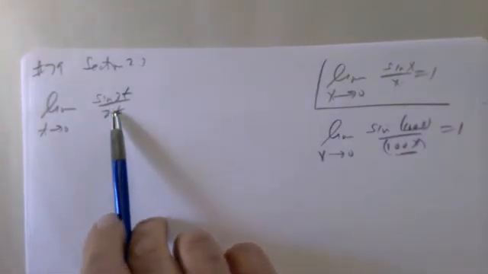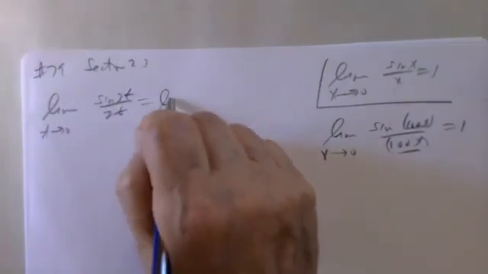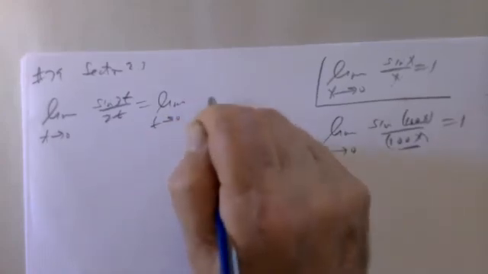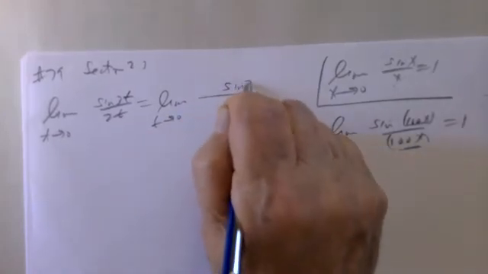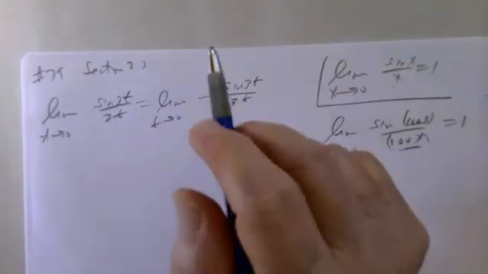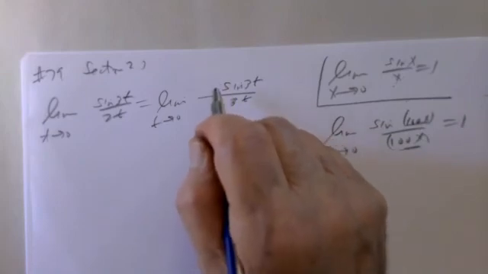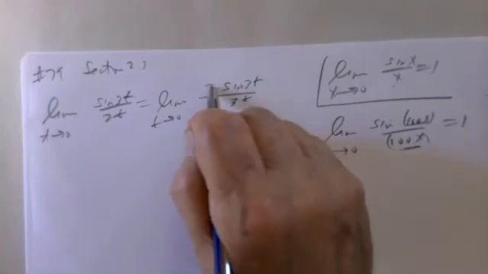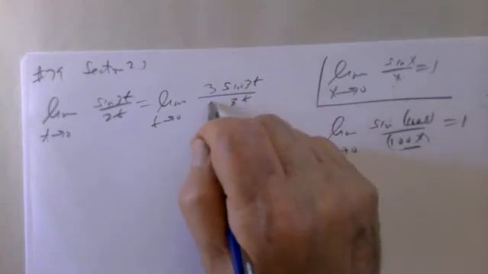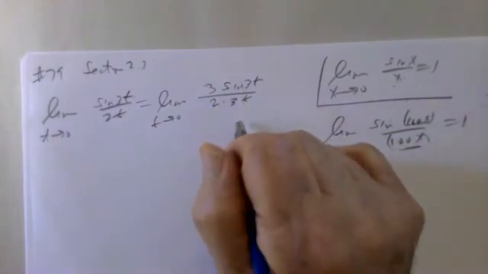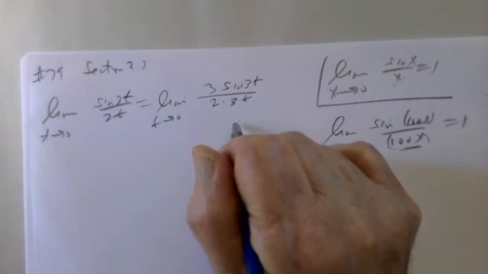And the question is, can we be clever and somehow transform this till we get something that looks like sine x over x, the same values here and here. So I say to myself, well, t goes to 0. I wish I had sine 3t over 3t, but I don't. I have 2t. But if I write this as 3 sine 3t over 2 times 3t, I haven't changed anything.